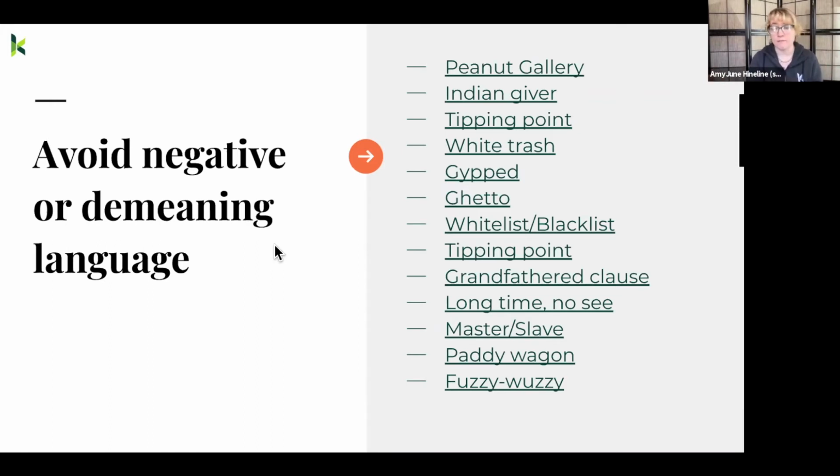This is one of my favorite examples because I used it a lot historically: gypped. It comes from the word gypsy, which refers to Romani people who are often unfairly characterized as swindlers. Ghetto is suspected to be derived from an Italian slang word for waste. And if we think back to World War II times, they used the word ghetto when they talked about concentration camps.